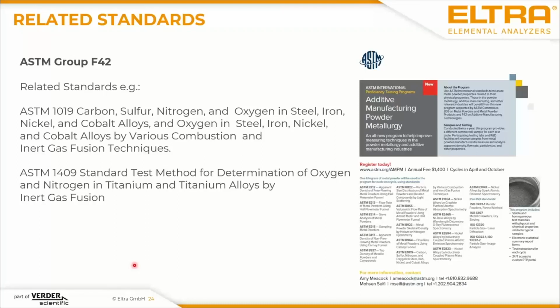The most important here for powder are ASTM E1019, which is for carbon, sulfur, nitrogen, and oxygen in steel, nickel, and alloys, and ASTM E1409, which is for the determination of oxygen and nitrogen in titanium and titanium alloys by inert gas fusion.